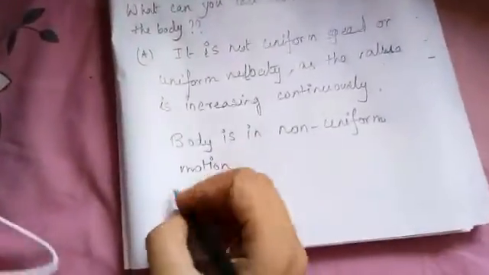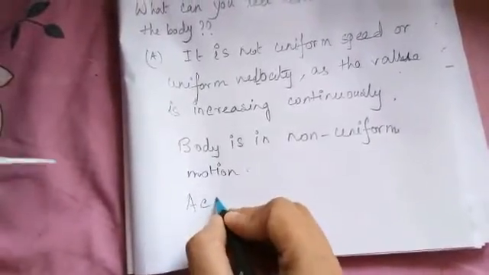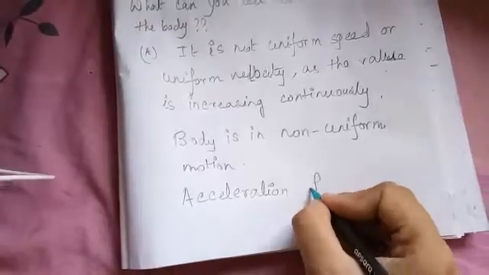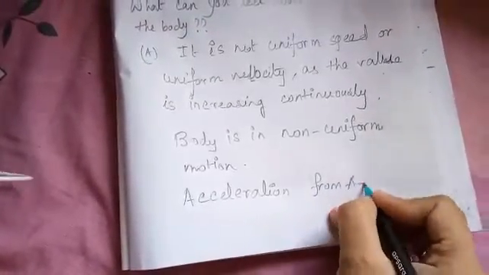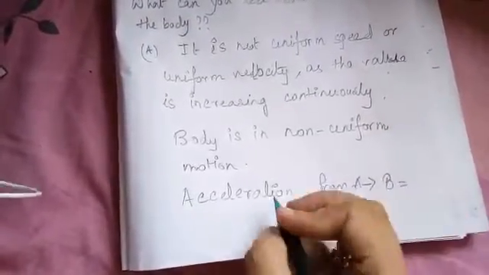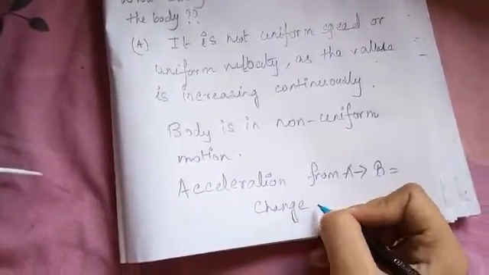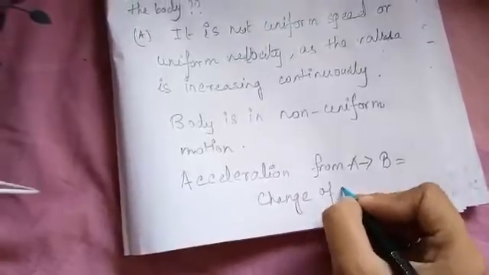So we will find the acceleration now. Acceleration from A to B will be the change in velocity divided by time, because we know acceleration is the rate of change of velocity.